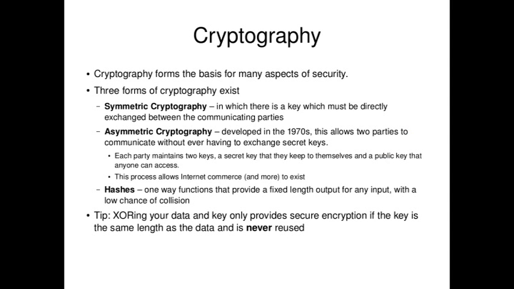So cryptography is one of the main areas of security in the sense that it provides an awful lot in helping with information security. There are three forms of it. Well, I suppose I should define cryptography itself first. Cryptography is when you substitute characters or digits with other characters or digits.